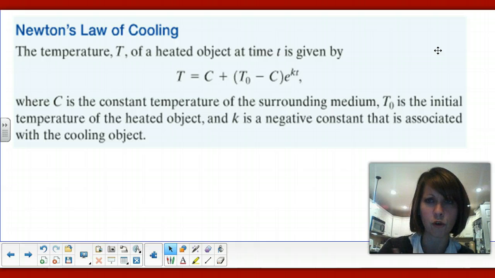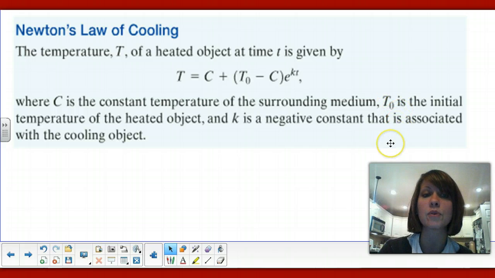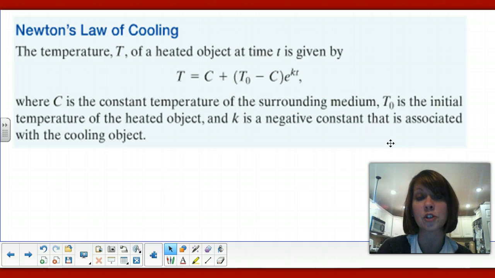Normally, it's room temperature for the problems that we look at. T naught is the initial temperature of the object that is being heated. So if I take something out of a 350-degree oven, let's say it's 350 degrees when it comes out, that's your T naught. It comes out into a room that's 70 degrees. 70 would be your C.